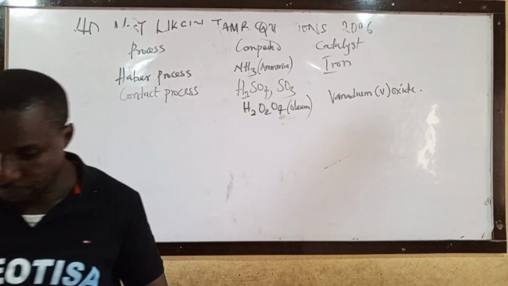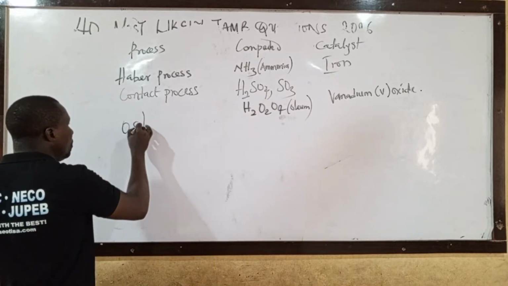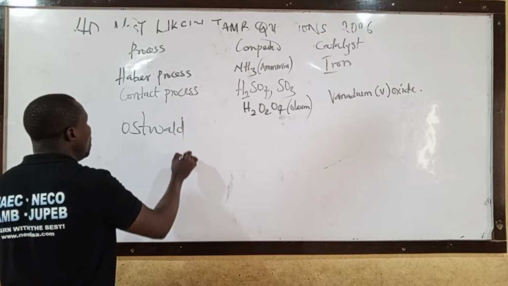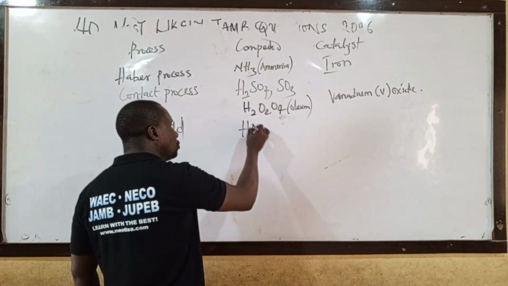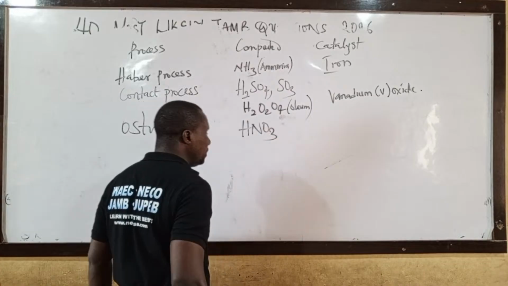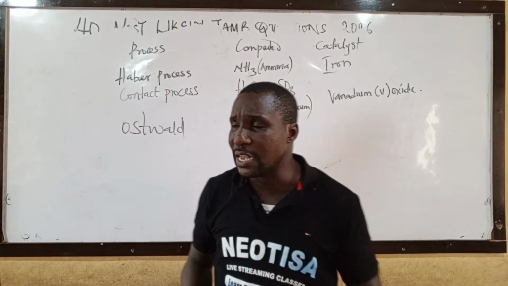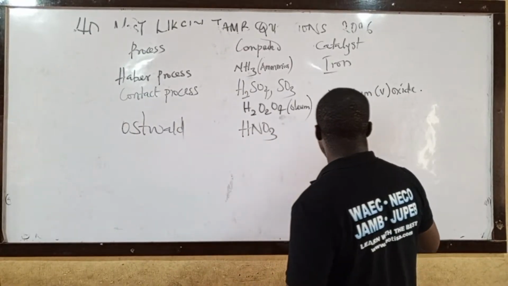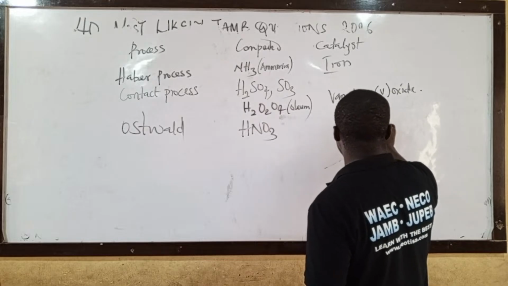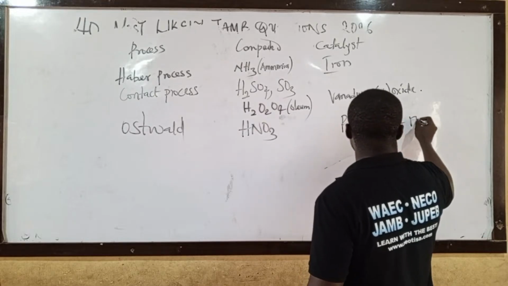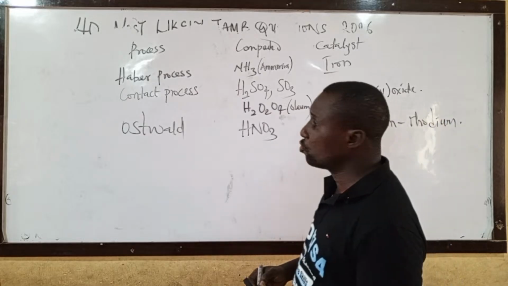The next one, the Ostwald process. We use it to produce nitric acid. Take note, nitric acid. And what is the catalyst used? We have platinum-rhodium catalyst.